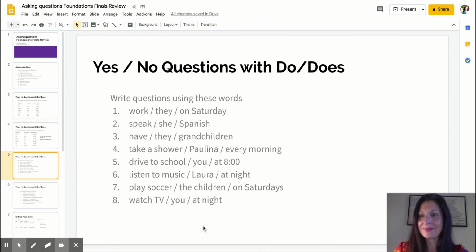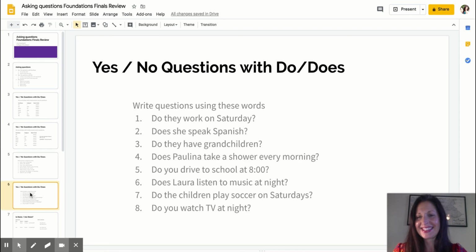Are you ready? Number 1, do they work on Saturday? Repeat. Let's answer yes. Do they work on Saturday? Yes, they do.